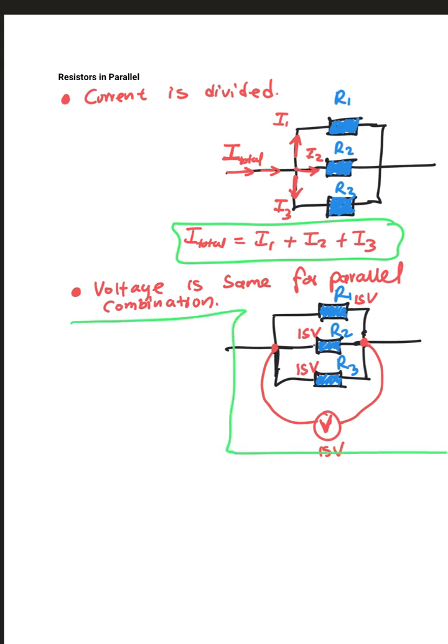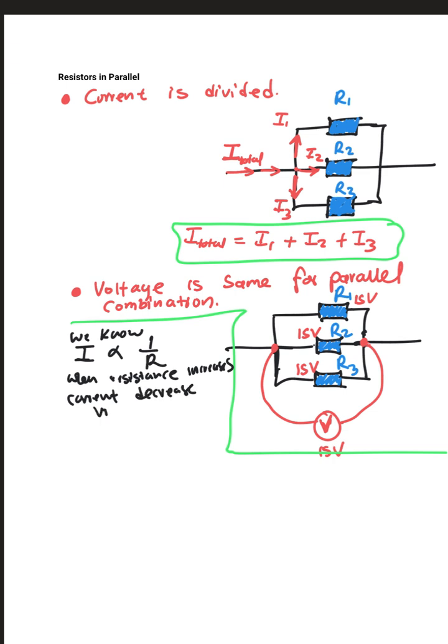We know that current is inversely proportional to resistance, meaning when resistance increases, the flow of charge is going to be slow. You know that, right? We have discussed that when resistance increases, current decreases, and vice versa.